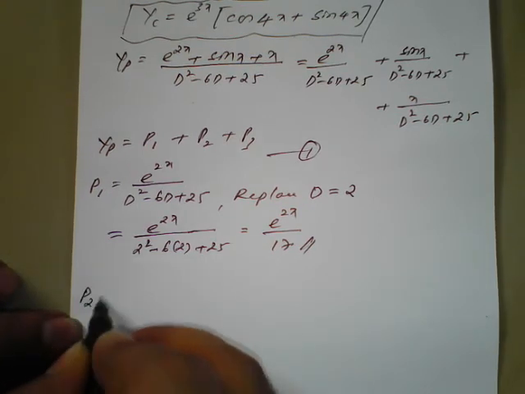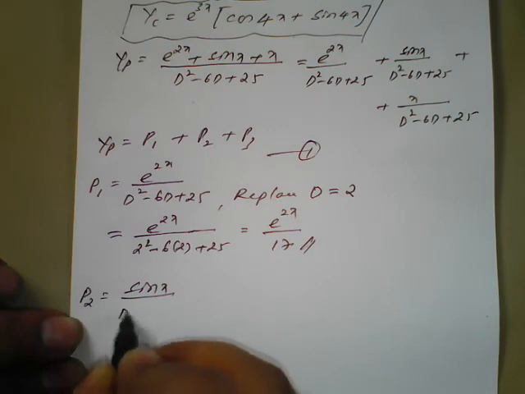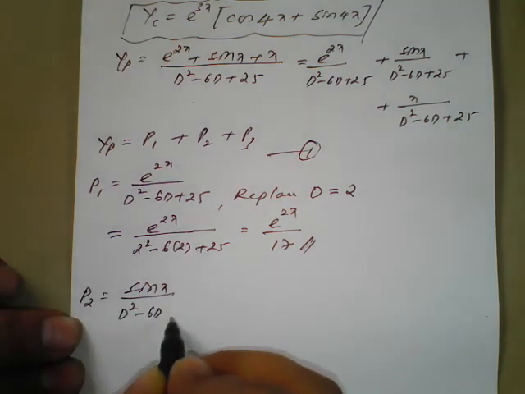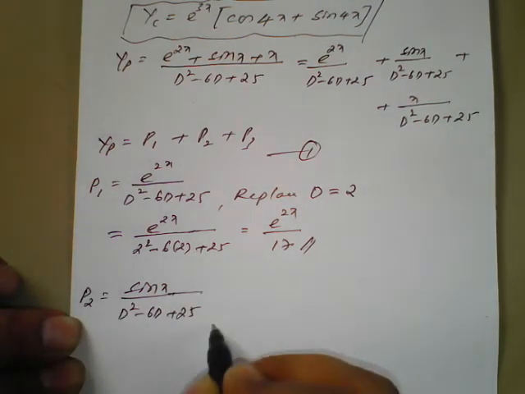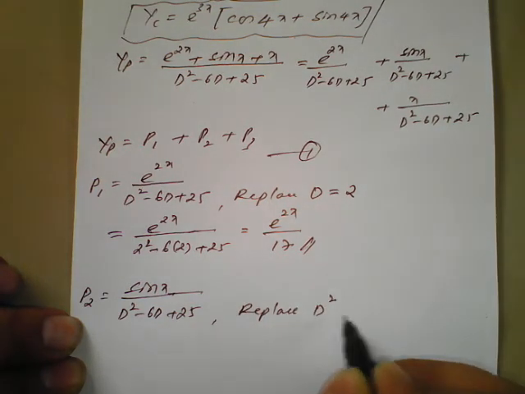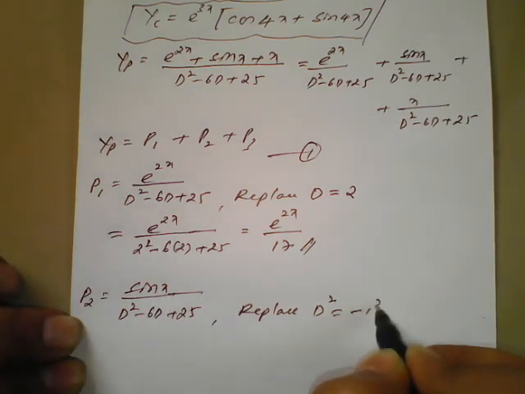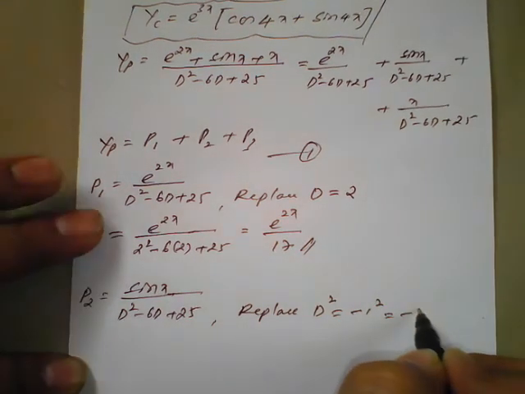So P2 is nothing but what here? Sine of x divided by D squared minus 6D plus 25. Here replace D squared: the coefficient of x is 1, so minus 1 squared, which is nothing but minus 1.